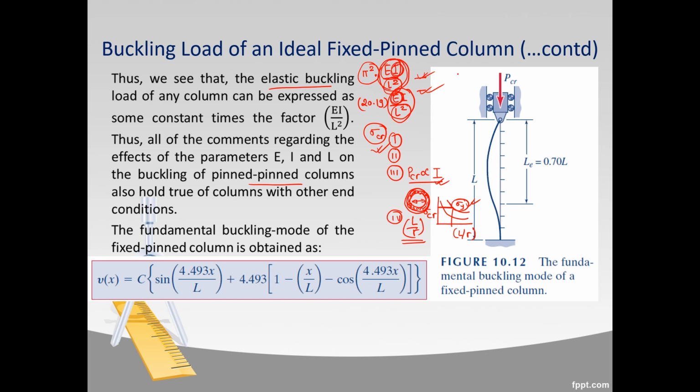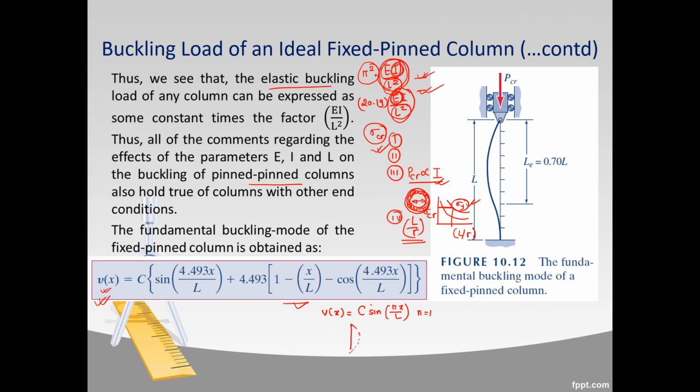Finally, to determine the buckling mode of the fixed pin column, we derive this equation of v(x) here. Use the value of all constants, then you will get this value of v(x), and this represents the buckling mode of our column. For a pinned column, the buckling equation or our mode shape was just given as C into sine, I guess it was pi x by L or something like that, for n equals 1, and we got a simple sine curve.